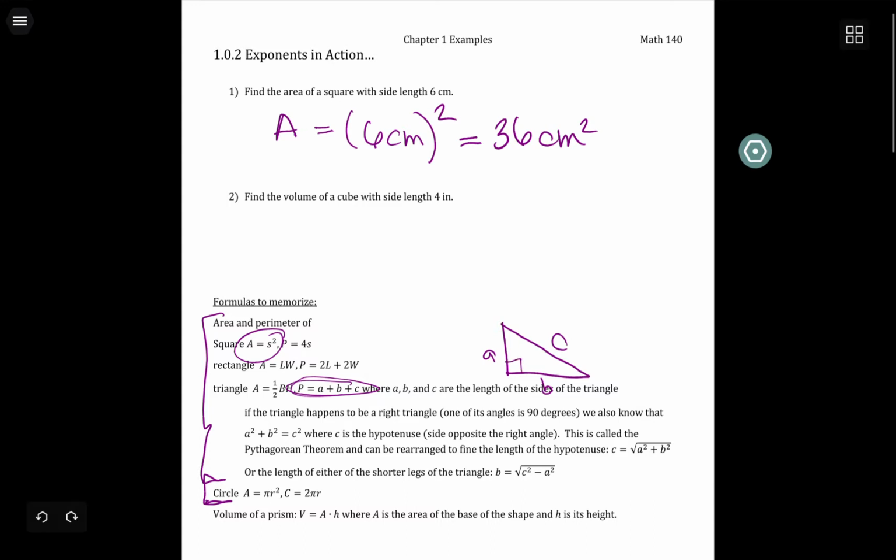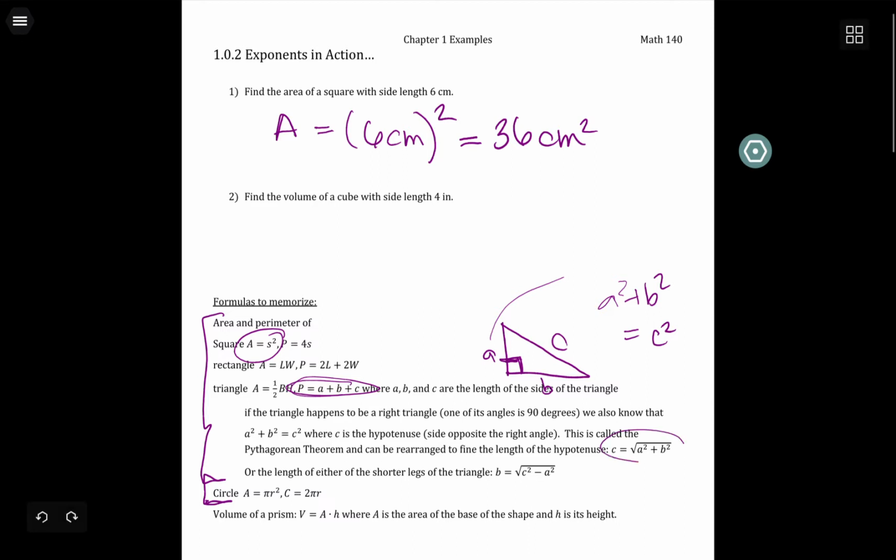is a right triangle, has a 90-degree angle, then the sum of the squares of the legs, so A squared plus B squared, will equal the square of the hypotenuse. The hypotenuse is always the side opposite the right angle.